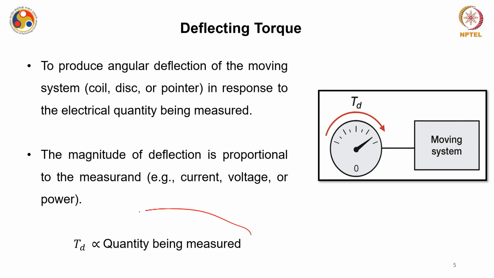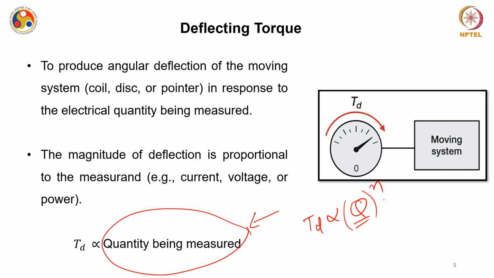This quantity that I want to measure is usually proportional to the torque. However, this proportionality is not fixed to be linear; it can be a non-linear factor. So, TD is proportional to the quantity that we want to measure, but with a factor n. We cannot say that it is always linear in nature.